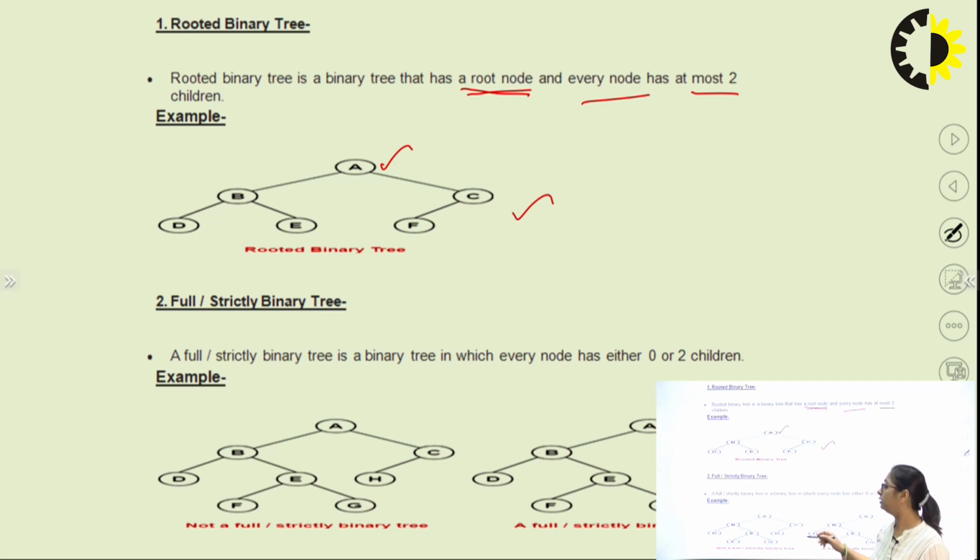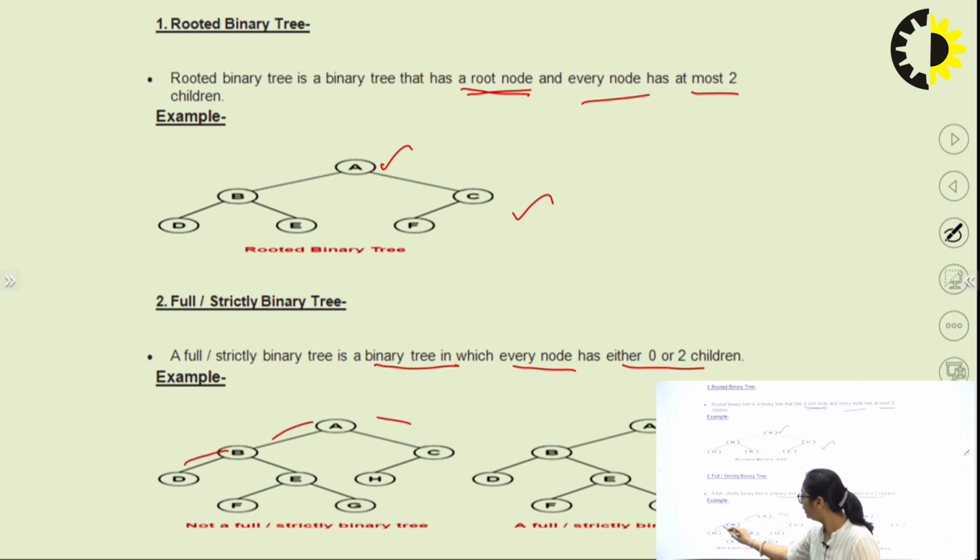Next is the full or strictly binary tree. A full or strictly binary tree is a binary tree in which every node has either 0 or 2 children. So there is no node with 1 child in a full tree. That's why we call it full, either empty or full. Here you can see 2 children, here 2 children.